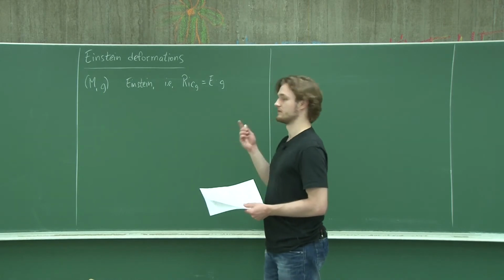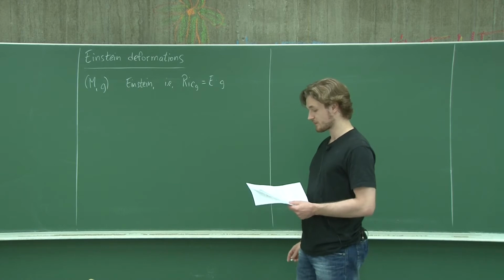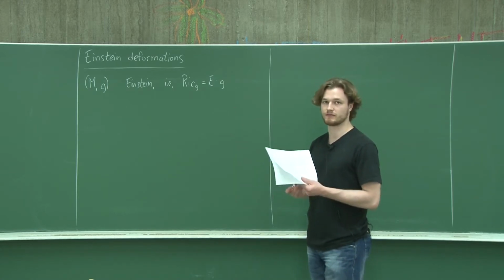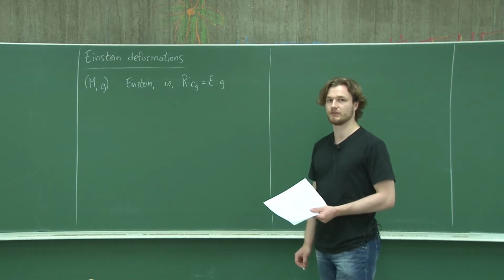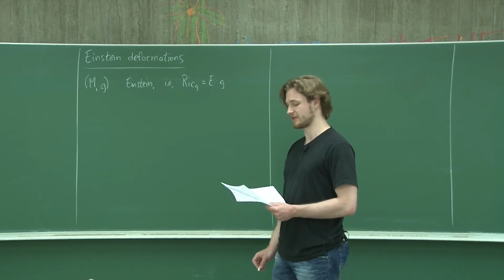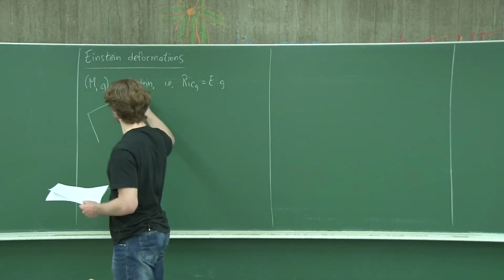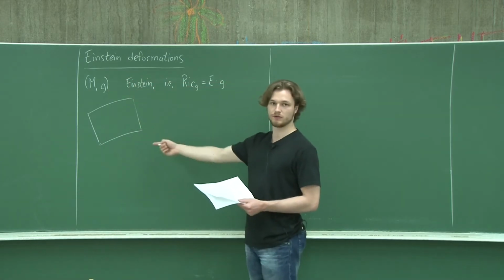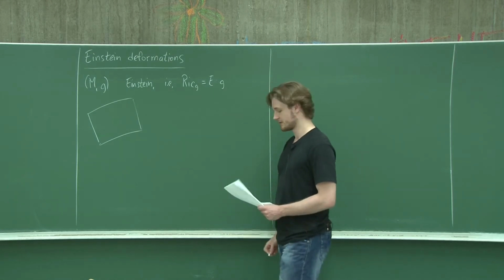So one question that arises when we have such an Einstein metric is, are there any other Einstein metrics on M, especially in a small neighborhood of g, or is g isolated in the moduli space of Einstein metrics on M? So suppose this here is the space of all Riemannian metrics on M. So this is, of course, an infinite dimensional space.